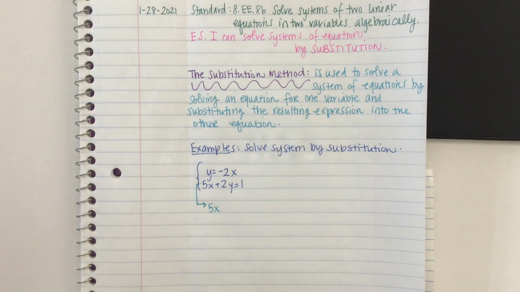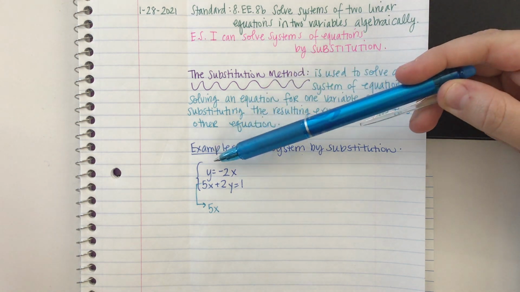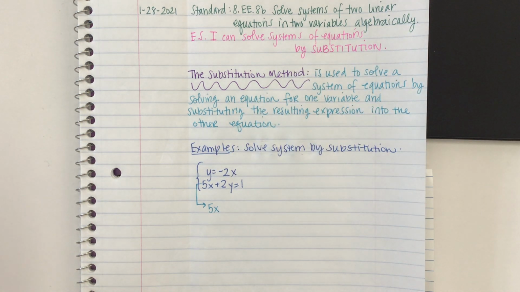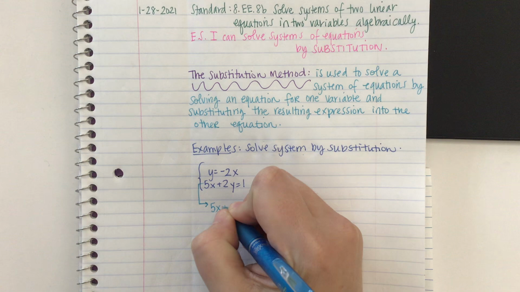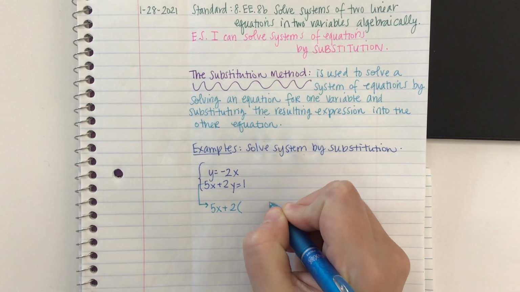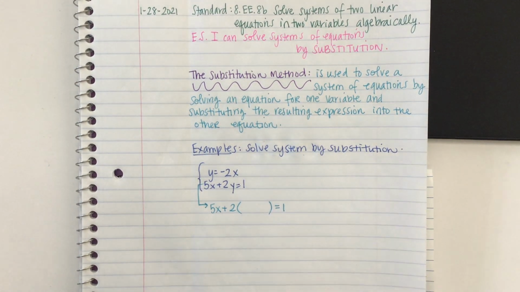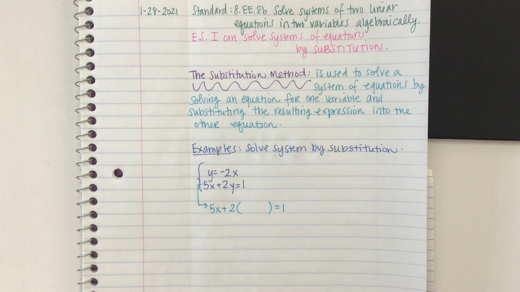Now, when I rewrite it, I see that my first equation that has y equals something is already solved for y. So when I rewrite the equation that's in standard form, I'm going to replace the y with parentheses, because that's what I will be substituting in.